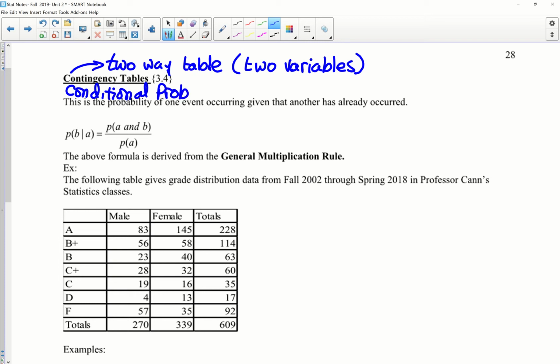Either I deleted it, or this is the first time after about 20 years that I've noticed that it's not there. Conditional probability is the probability of one event occurring given that another has already occurred, not contingency. Contingency table is just an organizational strategy for data. I just said it wrong in the past, I don't know.